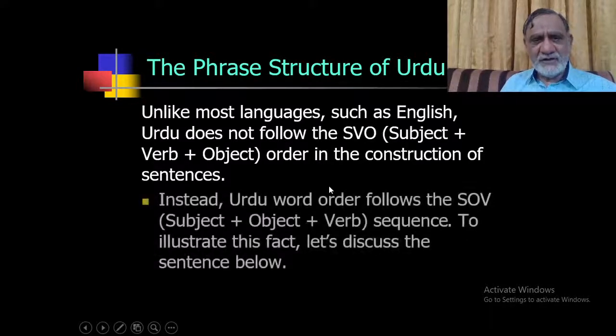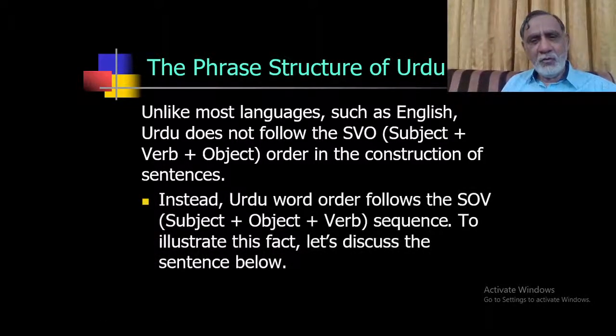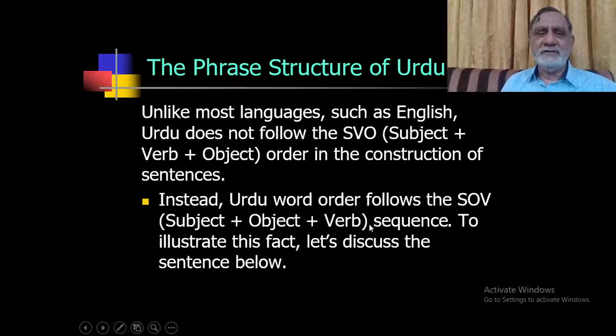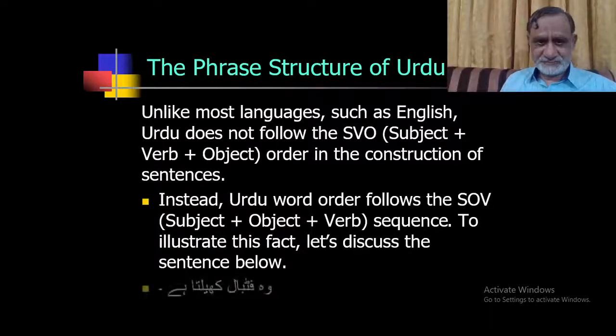What happens in Urdu? Urdu word order follows the SOV order. First there is subject, then there is object, then there is verb. Compare it and you find the difference. It is SVO and it is SOV order.